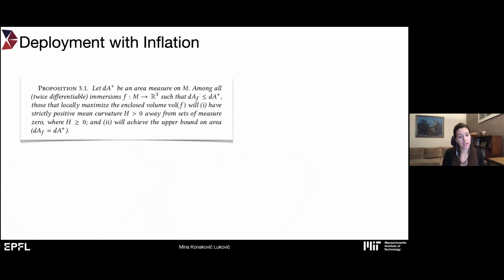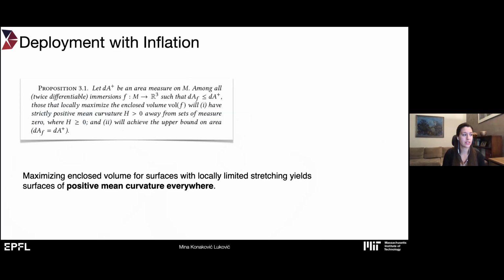And we were actually able to prove this in more detail. In the interest of time, I invite you to have a look at our paper to see more details about this and explanations. But basically, our conclusion was that once we have the limited stretching of the material and we want to maximize the volume inside, we can only work with surfaces with positive mean curvature.